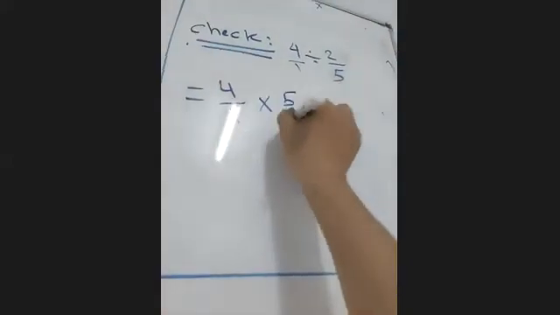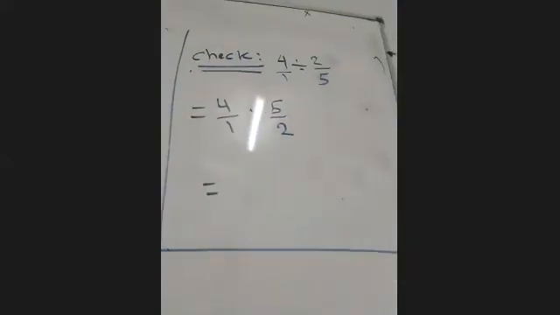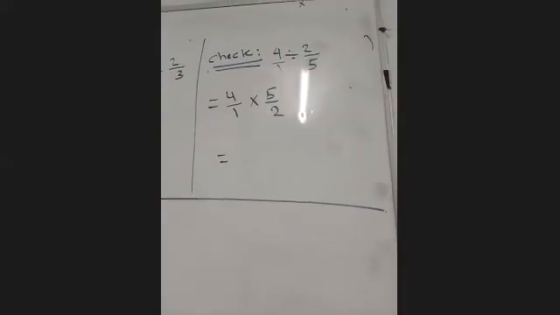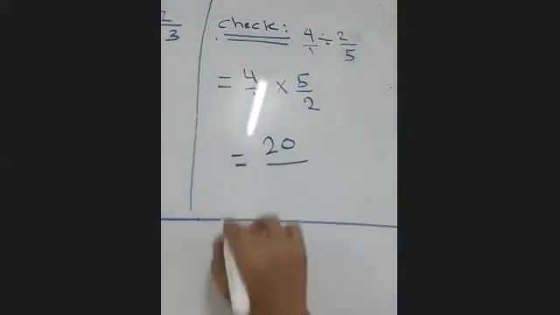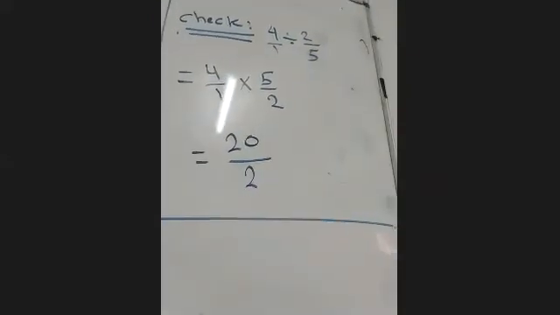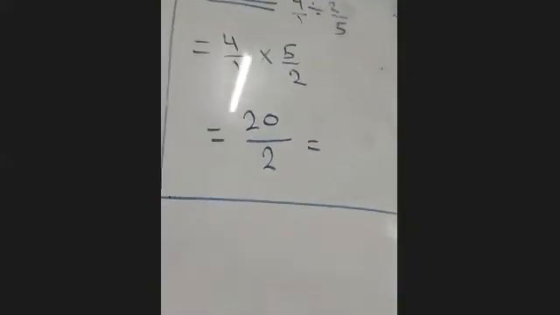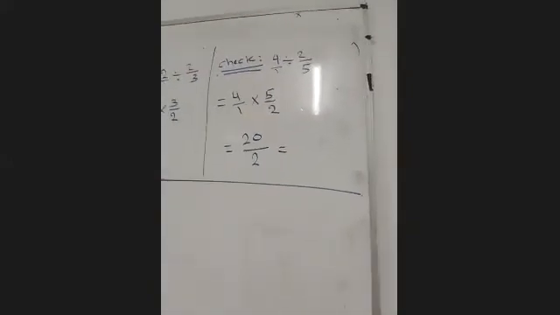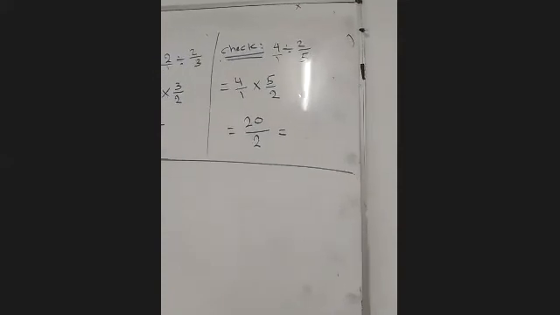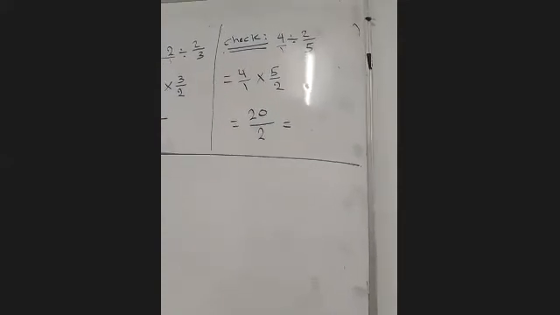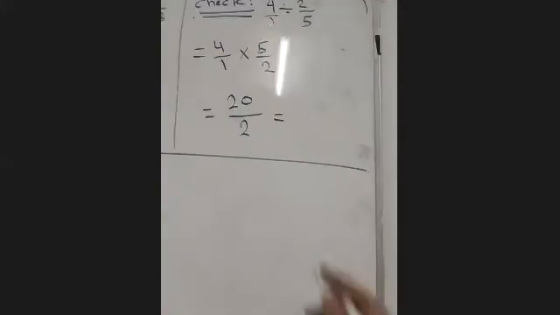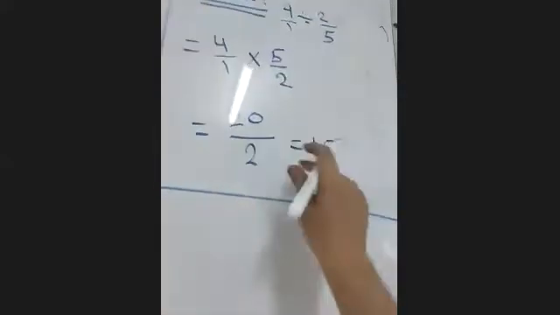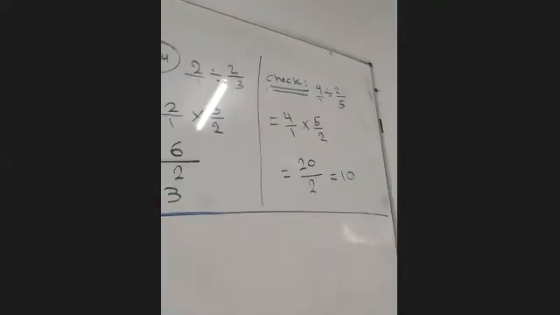Now we multiply them. 20 up and down how much? 2. What's the answer? It's 20 divided by 2, yes, it's 10. So the answer of this check is how much? 10. Copy this, guys, in your book, please.